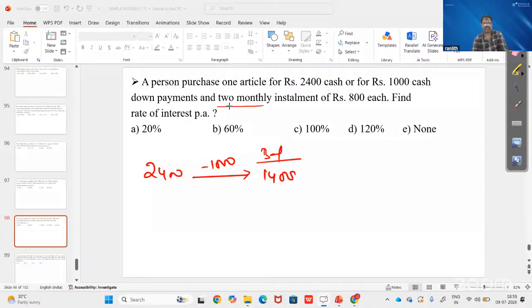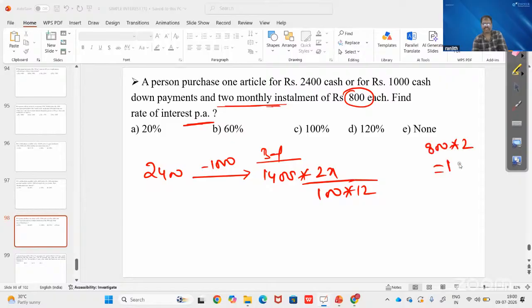For the 2 monthly installments, that will be 2x by 100. We need to find it per annum, and per annum is 12 months. How much amount is he paying? 800 rupees each for 2 months, so 800 into 2 equals 1,600. We need to pay only 1,400, but we are paying 1,600.